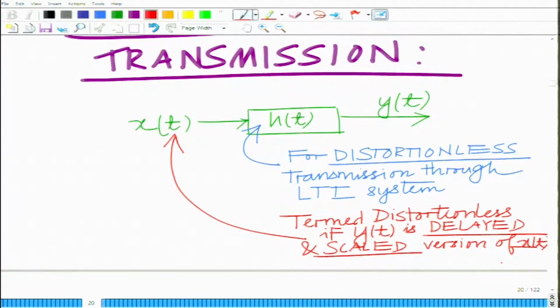So, what we mean to say is, if you transmit x t through this LTI system, we call this LTI system distortionless if the output y t is simply a scaled and possibly delayed version of x t.